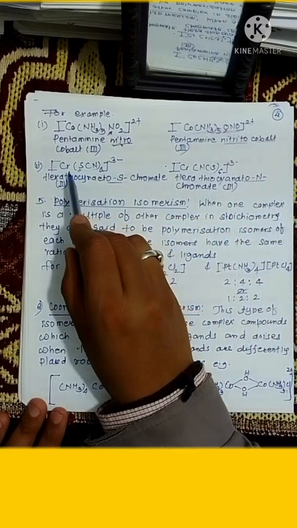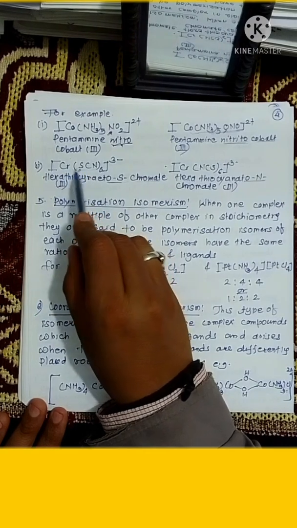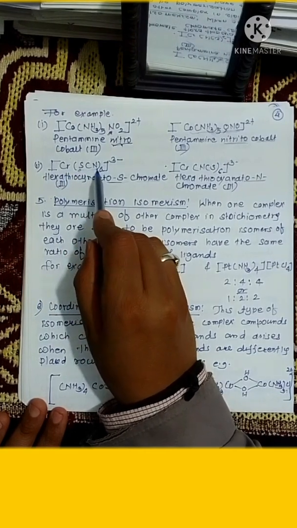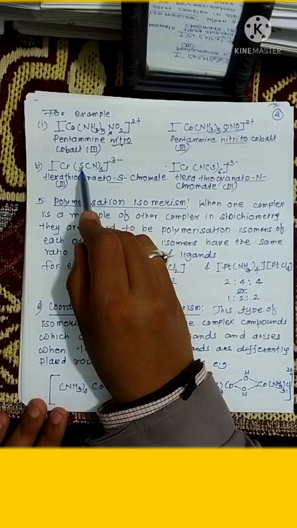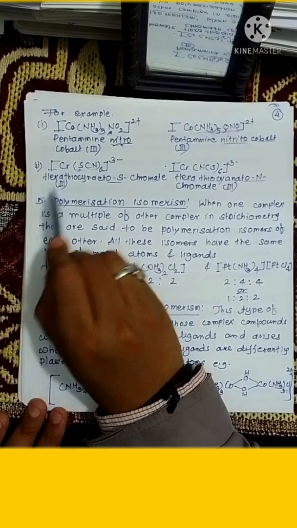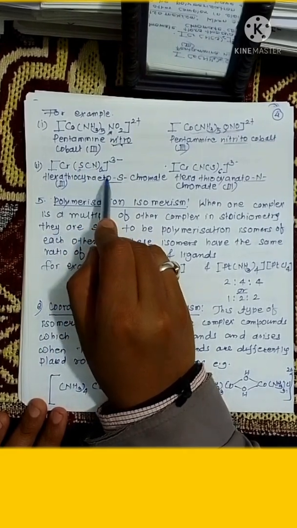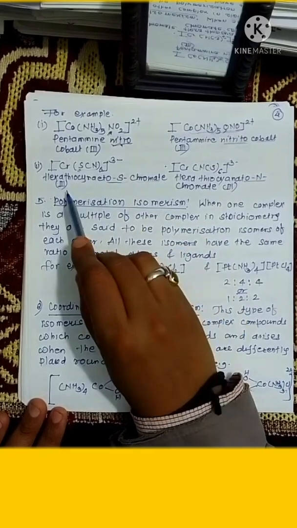Just see the second example. In this example, your thiocyanato group is attached through the sulfur atom to chromium. So that's why the name of this compound is hexathiocyanato-S-chromate(III).